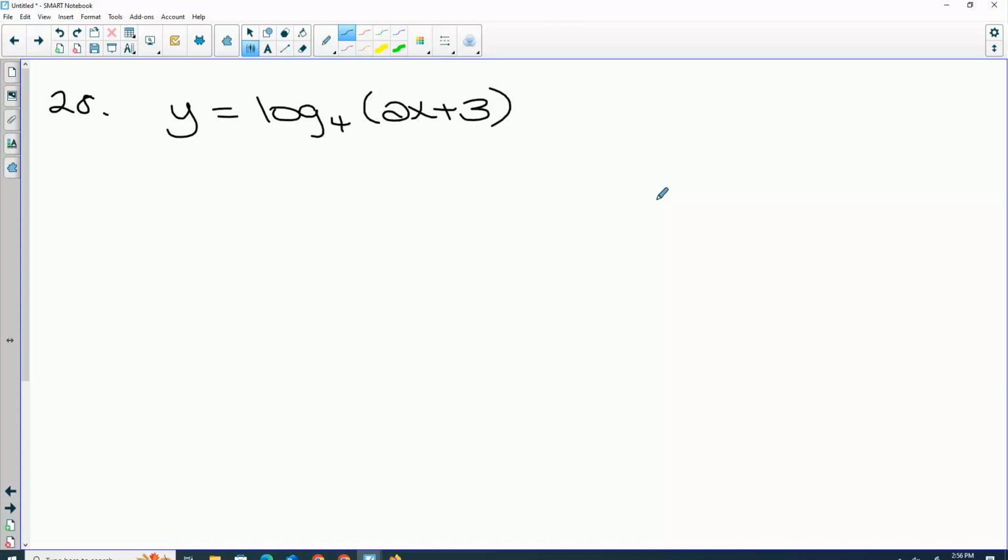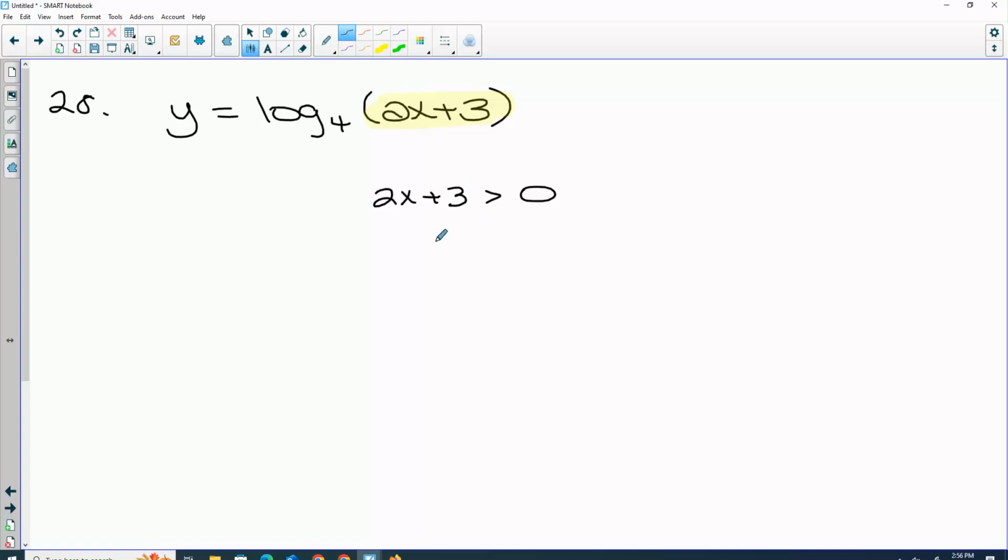When we're finding the domain, we could draw a graph and look at it, but it's easier. We've done all these log problems, and every time you solve one of the equations with logs, at the end I tell you to check your answer. What are you checking for? When you plug it in, it has to be positive. So this argument, the 2x plus 3, has to be a positive number, which means it has to be greater than 0.